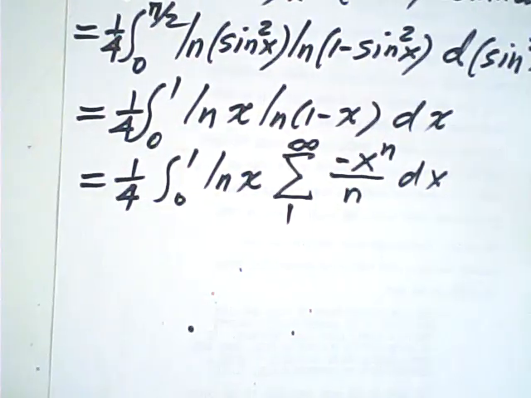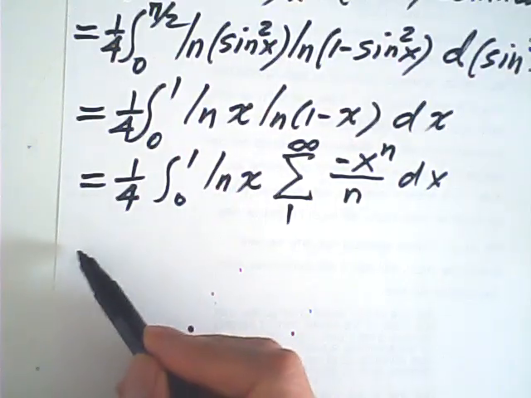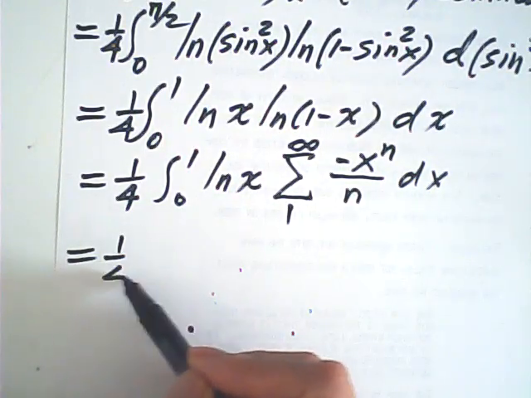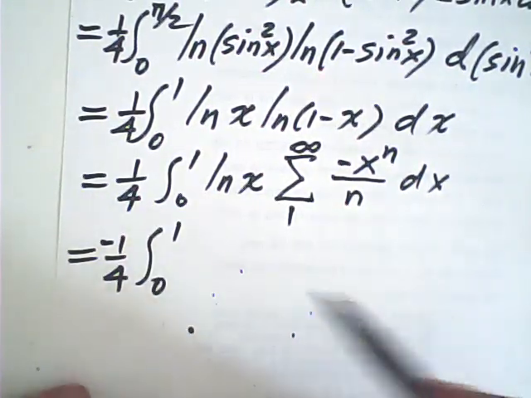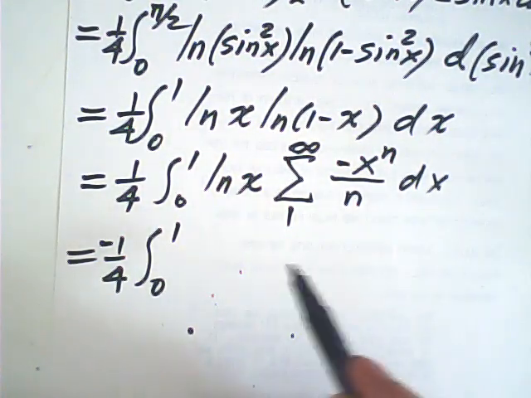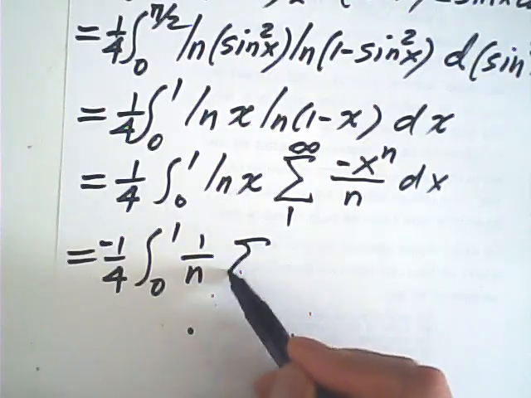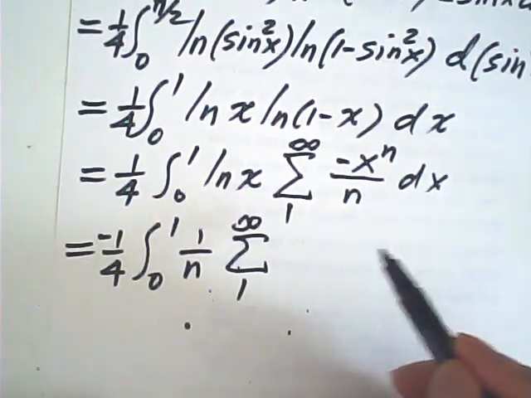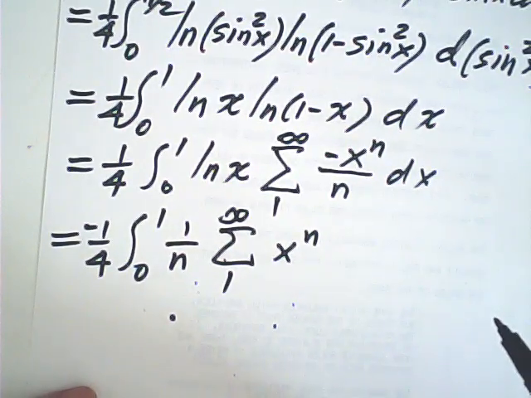Then what? Then this one is equal to 1/4. Now I'll put a negative outside. Integral from 0 to 1 of log x, and I leave the 1 over n outside, sigma from 1 to infinity of x to the n.